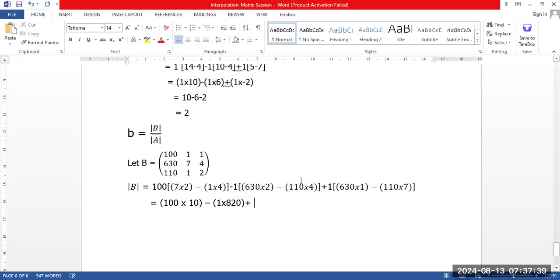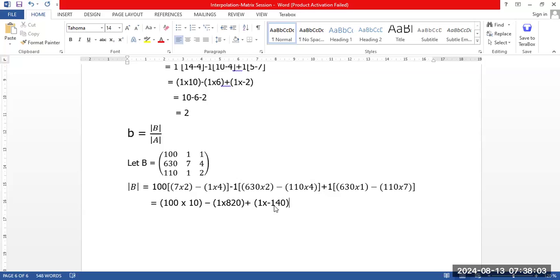Then plus, we are here now. It is 1 times, just use your calculator, open bracket 330 times 1 close bracket minus open bracket 110 times 7, equal signs. Look what? Times negative 140.